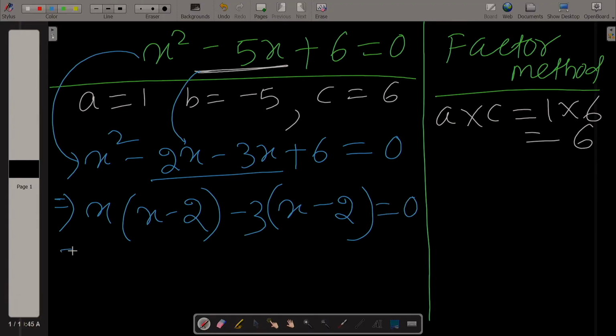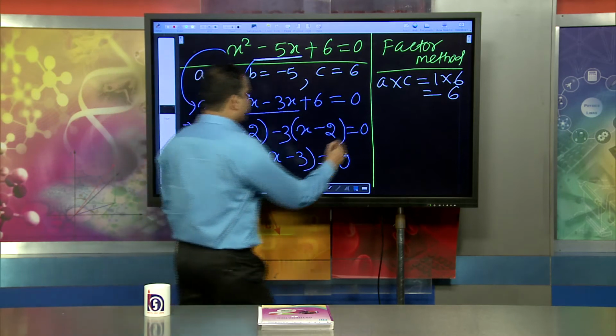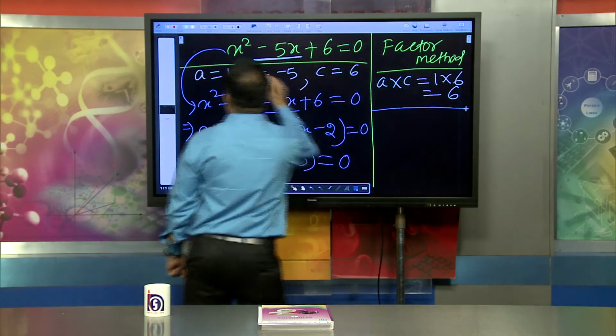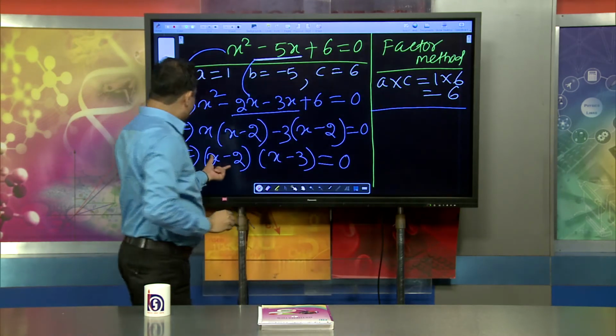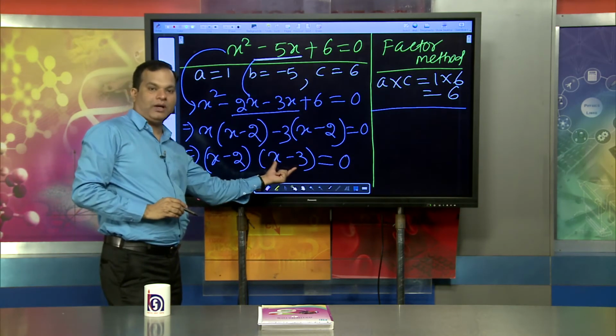So I can write x minus 2 into x minus 3 equal to 0. So what do we do here? Remember what we observe: x minus 2 is one of the factors, and x minus 3 is the other factor.